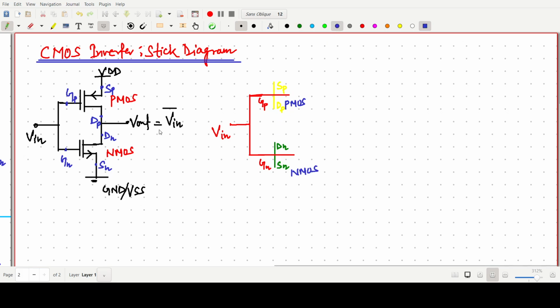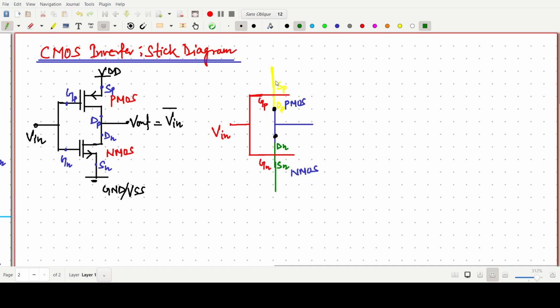So I am saying these two are connected with some metal, so I am just making some metal connection. If two different wires have different colors, we have to use a contact. So I am making it like this. Clear? Now, just for simplification, I am just increasing this line.